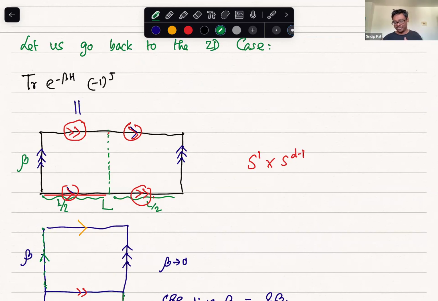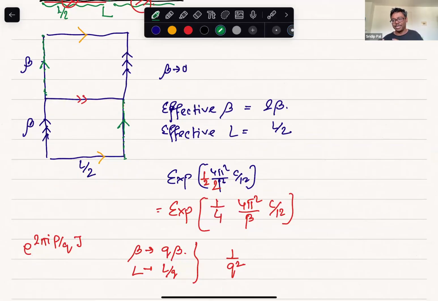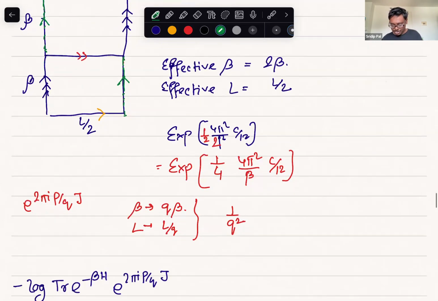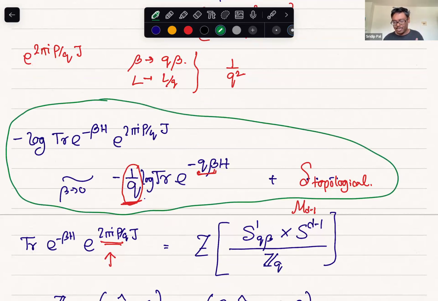So we need to rephrase some of the results in the L going to infinity limit. But the main point is that this replacement, beta going to q beta and L going to L over q, still holds. So this equation here, the one I wrote down, is still true for massive theory.